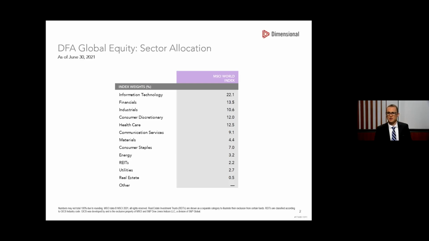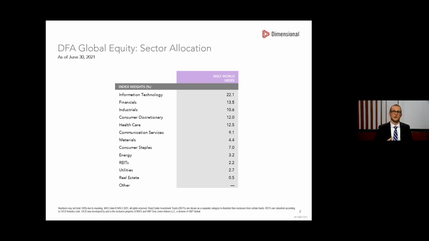There are lots of different reasons that you might want to customize that weight in REITs. By bifurcating them and breaking them out like that, it allows investors the ability to change their allocation to the asset class, which is very helpful and valuable, and not something you're able to accomplish with an index.